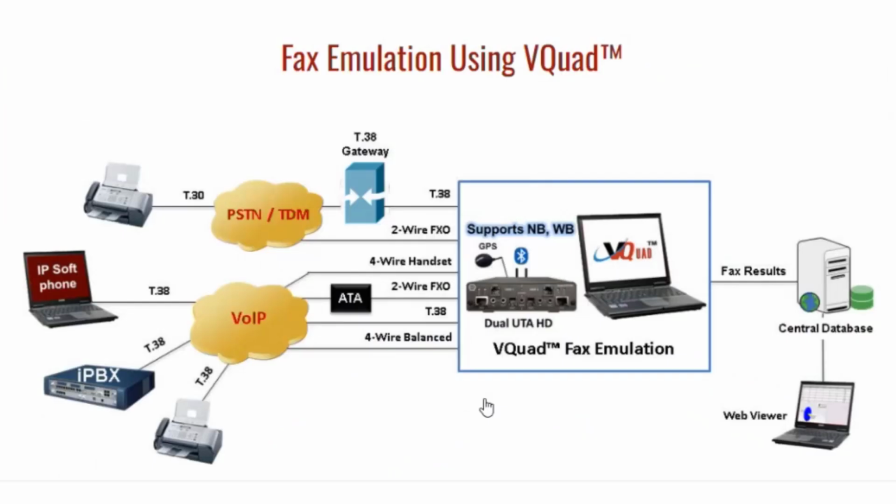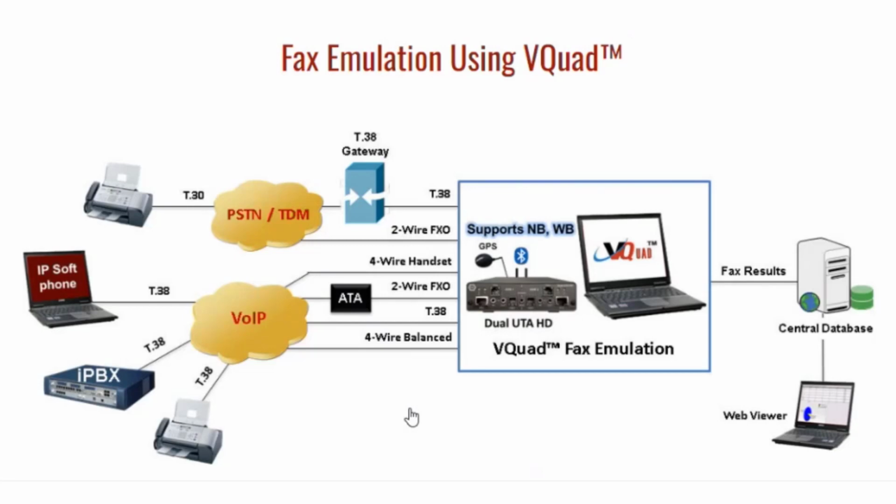Okay. So getting into the actual fax itself. For this simple test, we've got our VQuad software, actually running on a laptop. We've got the Dual UTA connected. And we're using one Dual UTA, so side one and side two of that Dual UTA, going through a line simulator.